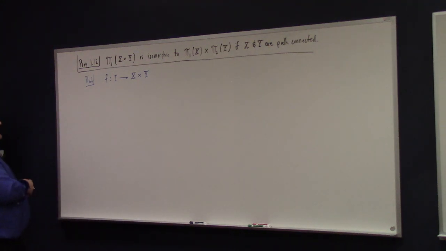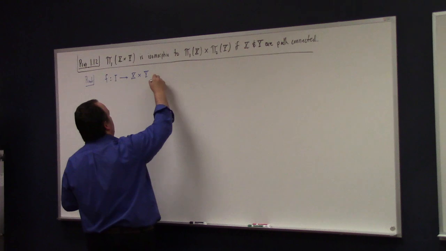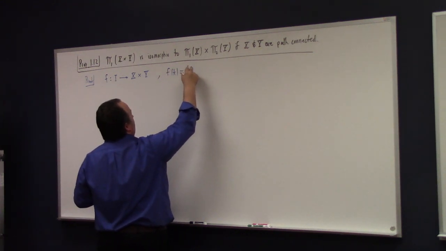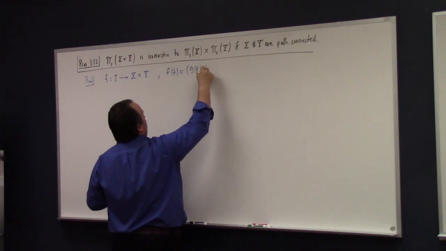Something like that. But such a thing you can write as f of t equal to, say, g of t comma h of t, right?